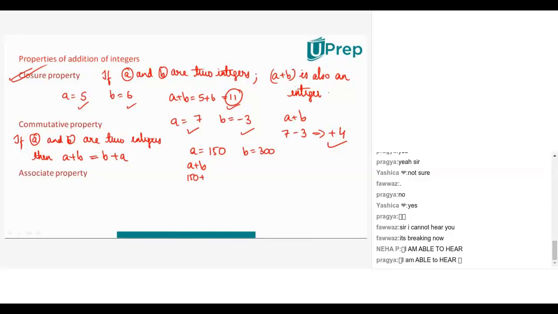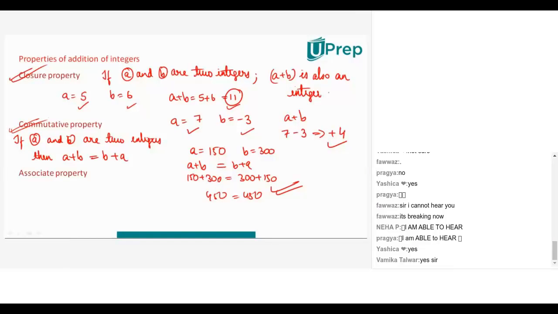Now, Valmika, what is the associative property related with whole numbers? Yes, sir. The associative property, I think, states that you can add or multiply regardless of how the numbers are grouped.